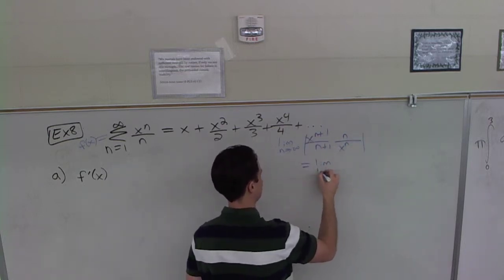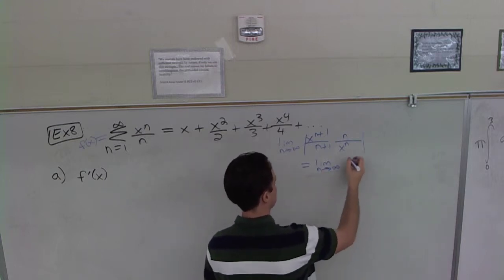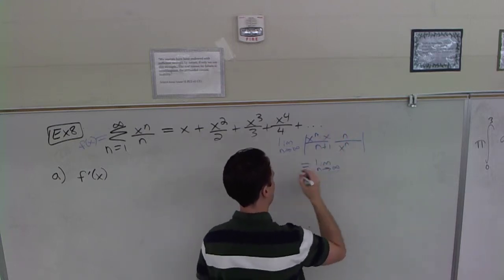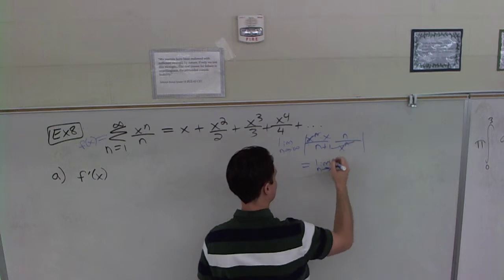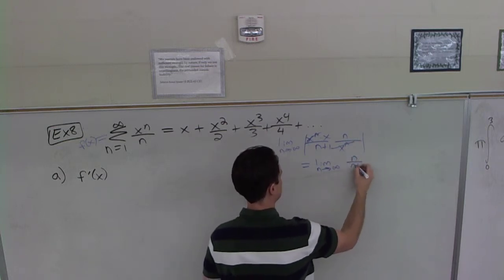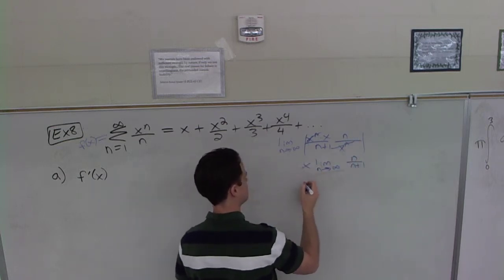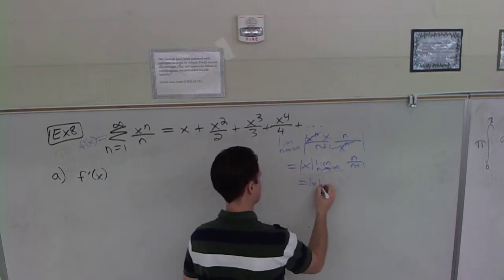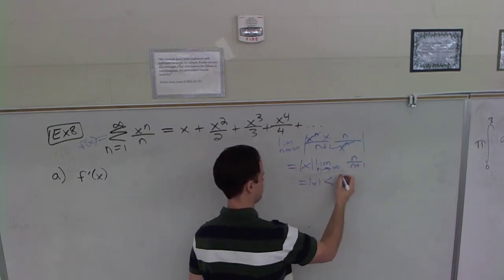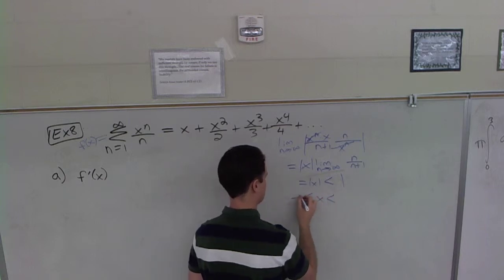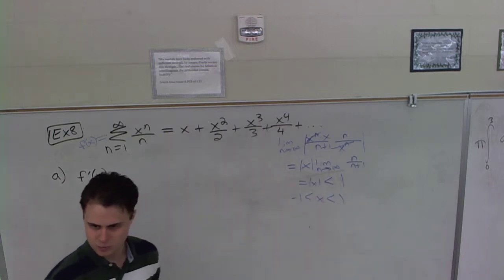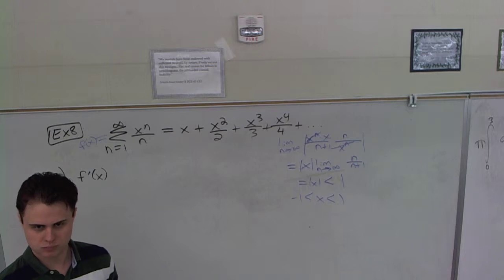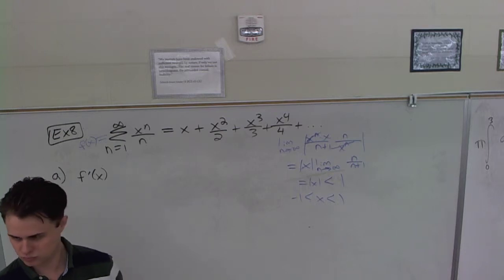I guess we'll write it out really fast. So what's that limit? Good? Yes or no?